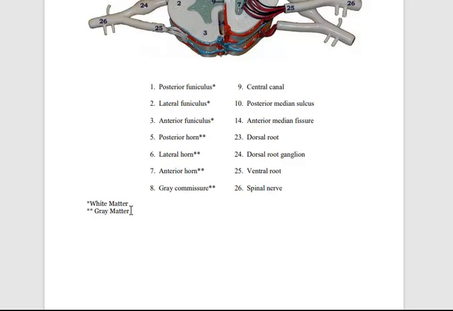And when you're looking at white matter, you're looking at axons, and they are covered with a myelin sheath, which makes them look white. So that's why they have the little stars by them. So the funiculus, the word that I have so much trouble saying, is a bundle of axons. And since it's a bundle of axons, it has a white covering on it.